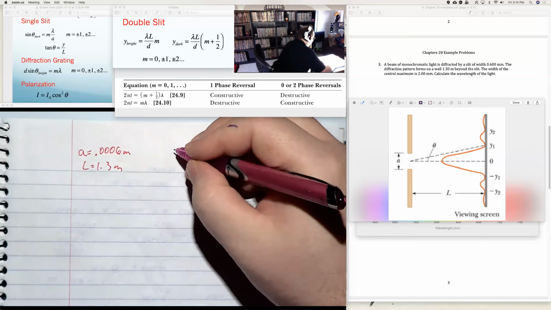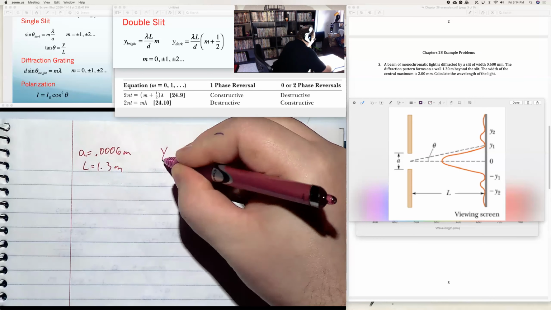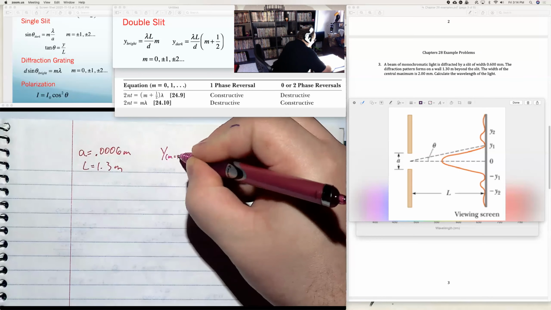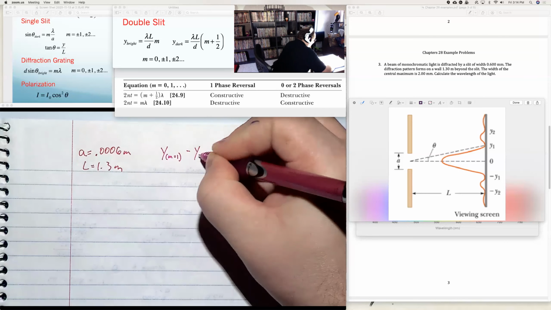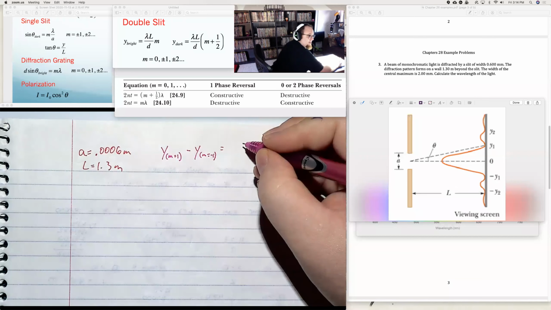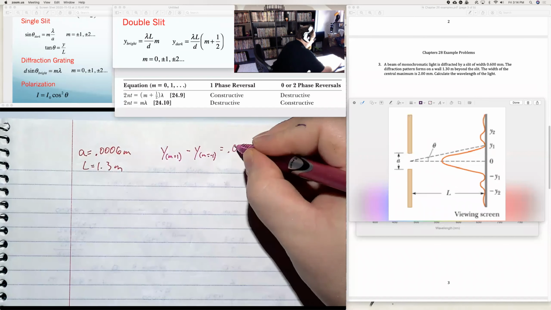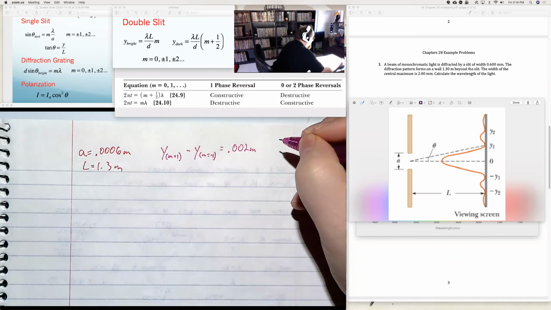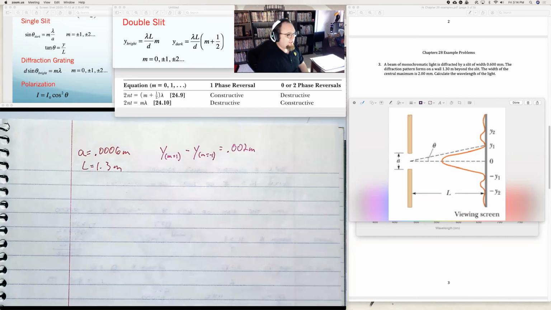That means y for m equals 1 minus y for m equals -1 is 2 millimeters. But this is a symmetric setup.